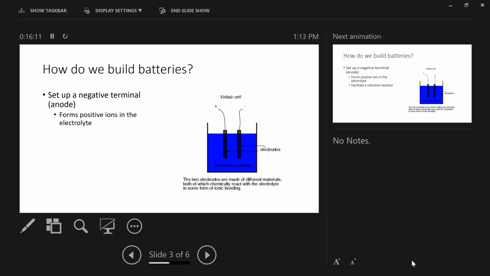Metals give away electrons to make that happen. So what are we going to suspend in the electrolyte to make our negative terminal, our anode? A metal.